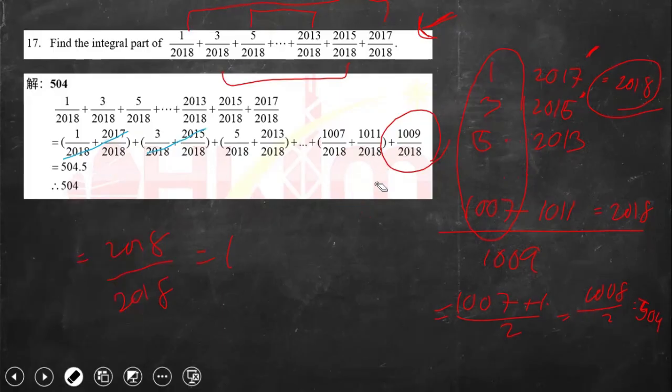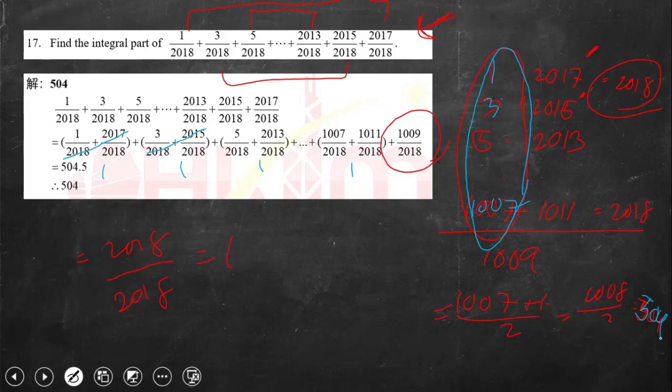Erase the red ones. This value is 1, 1, 1, 1. So how many ones are there? We counted the number of odd numbers from 1 up to 1007, and we got 504. Okay, this is how we computed it. 504.